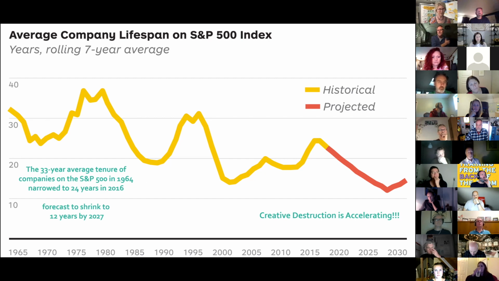But creative destruction is accelerating, and it's projected that the age of a company will reduce down to 12 years by 2027, down from 33 in 1964. So it is affecting our organizations. So we need to change the way we work and think about work and organize work.